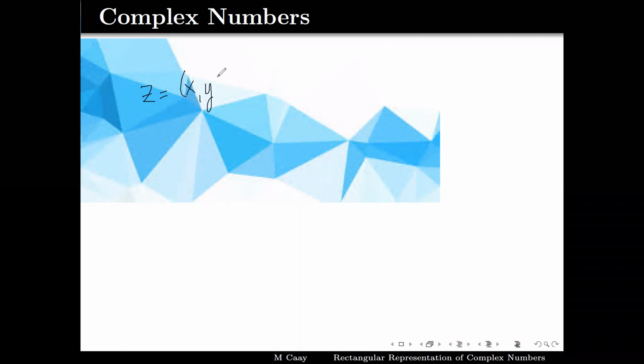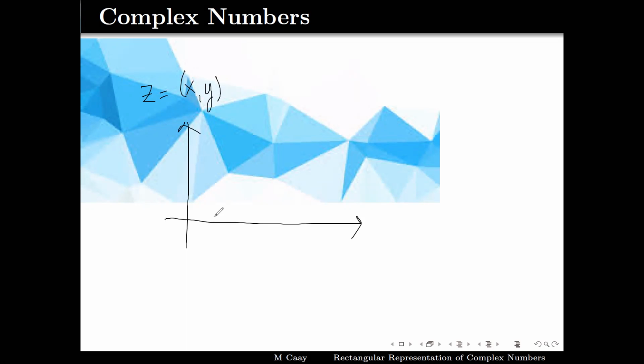So in the context of the complex plane, sorry about my drawing, let me draw this again here. If we have this as the real axis, and this is the imaginary axis, sorry about my penmanship, let's say you have a point here, (x, y).